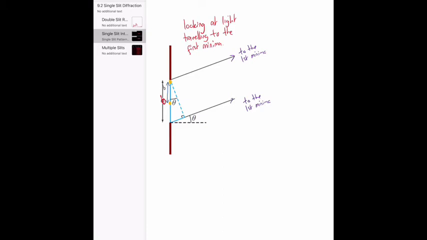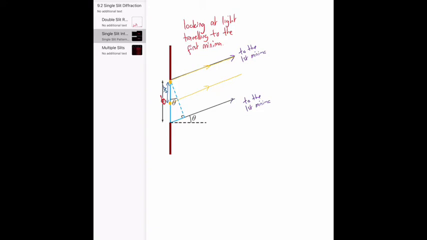So the distance between those will be b divided by 2. So a ray from each of those going towards the first minimum, we're going to have one like that and one like that. So these rays are basically parallel.